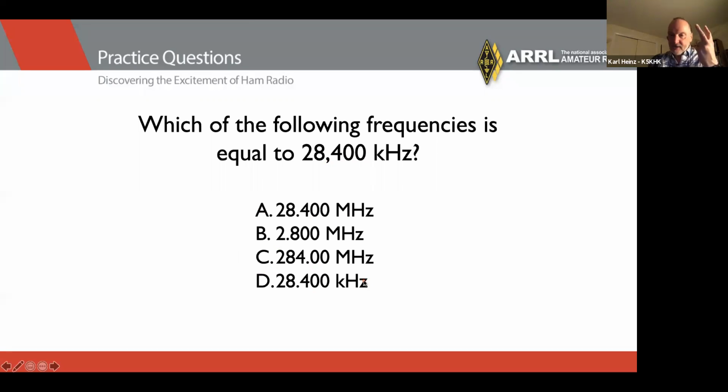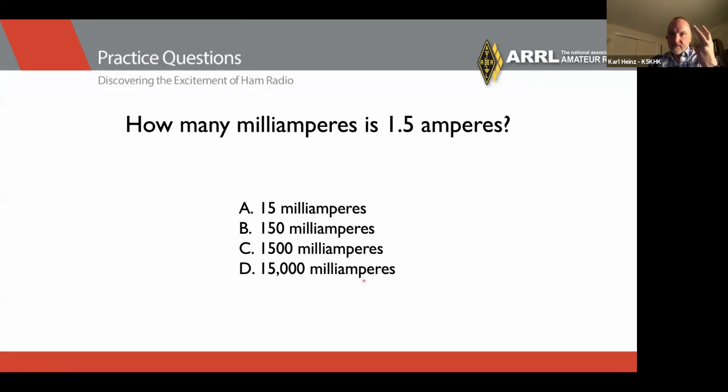So this was the second question with unit conversions. Here is the third one. How many milliamperes is 1.5 amp? How many milliamps in 1 amp? The 3 decimal points, C. Yep. 1, 2, 3. 1.5 amperes is 1,500 milliamps.